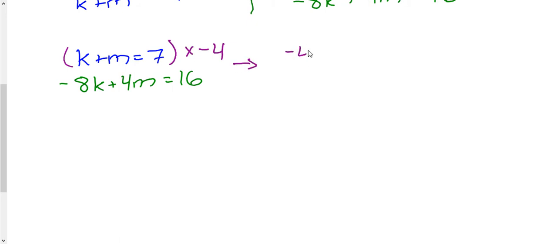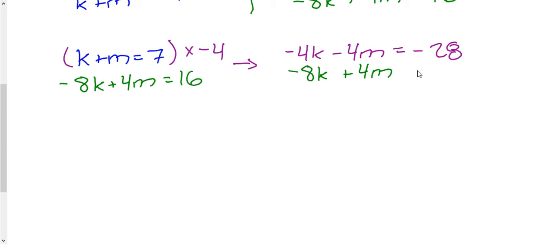We get negative 4k minus 4m equals negative 28. Below that, nothing's changed, so we're going to keep that the same. Minus 8k plus 4m equals positive 16.